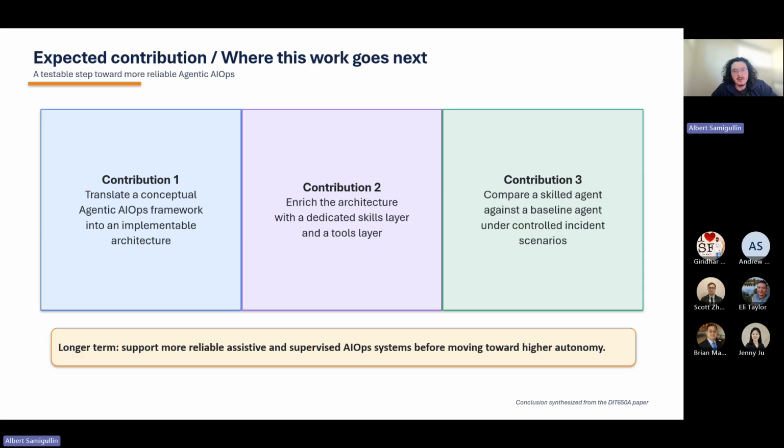Together, these contributions move the work from a conceptual agentic AIOps framework to a testable model for cloud diagnosis. That's basically it.